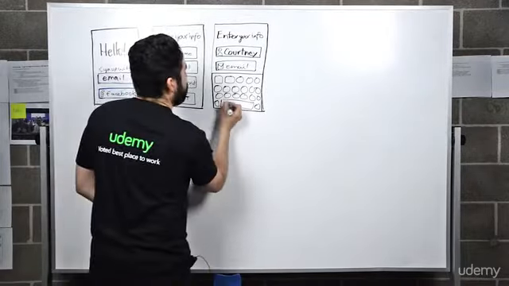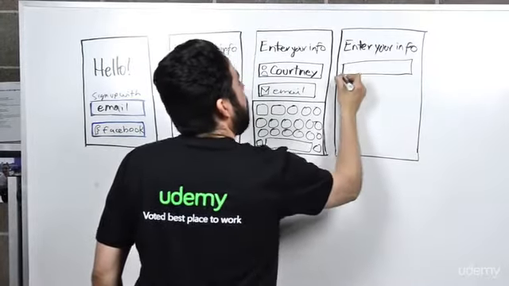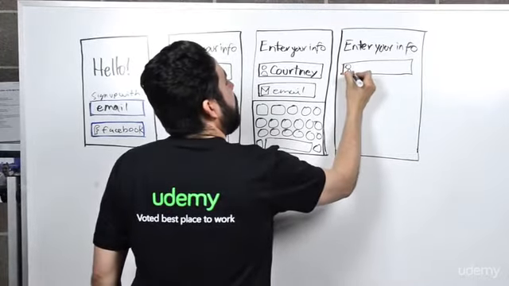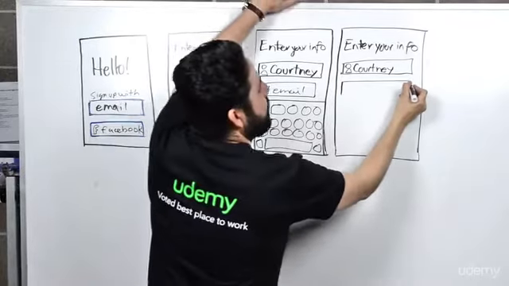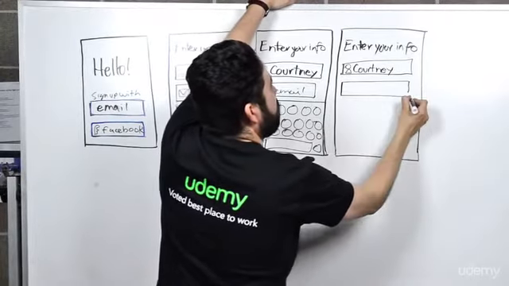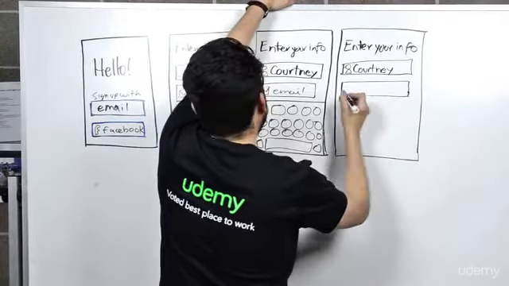So let's try to replicate everything. Enter your info. And then let's put Courtney. Here we're saying that the user, which in this case is Courtney, has already entered all of her info.